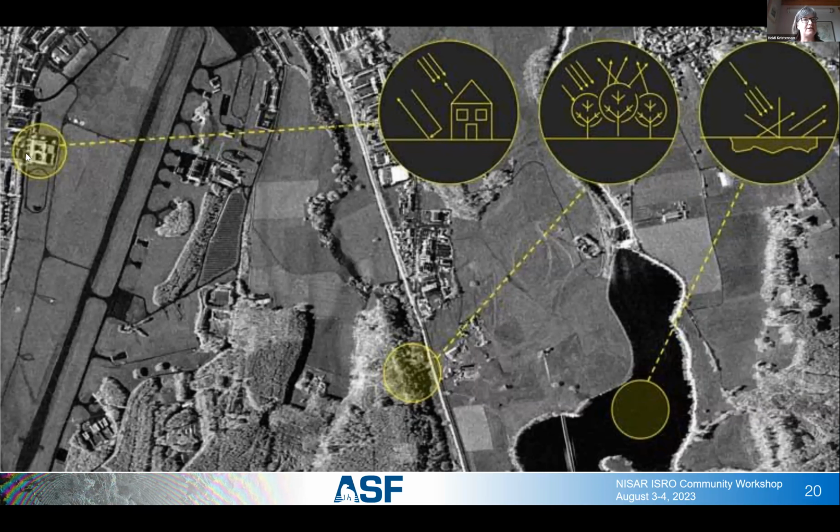Urban areas, like over here, have buildings that tend to have very bright backscatter just because of all of that dihedral bouncing. So it's redirecting the signal back to the sensor. And this is particularly true if the buildings are oriented in the direction of the incoming signal.